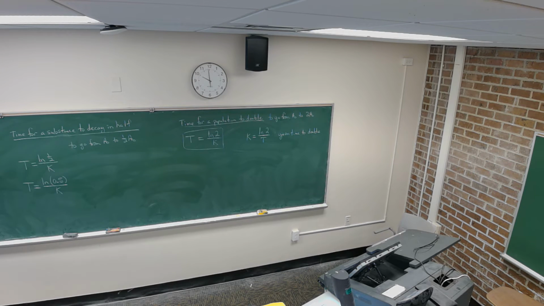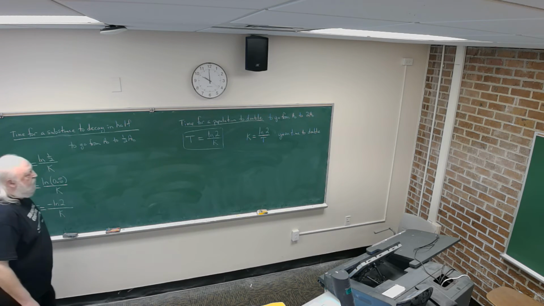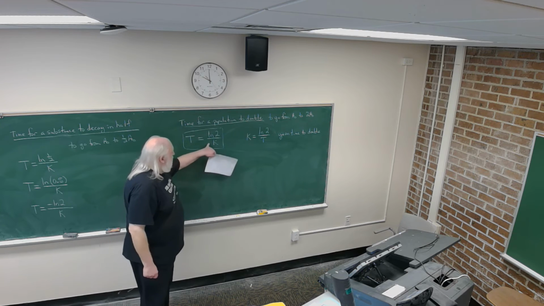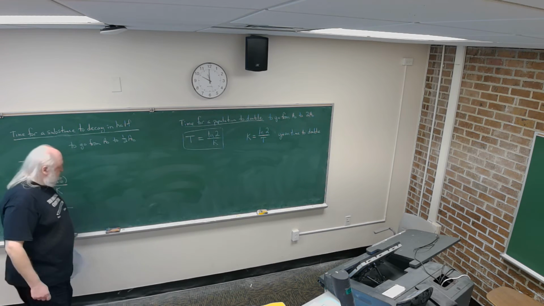The natural log of 1/2 by the quotient rule is the natural log of 1 minus the natural log of 2, and the natural log of 1 is 0. So this can also be written as minus the natural log of 2 over k. And you notice it looks like the doubling formula over here, except with a minus sign.